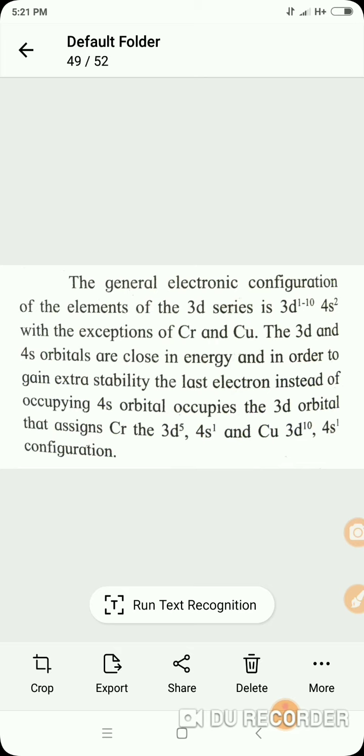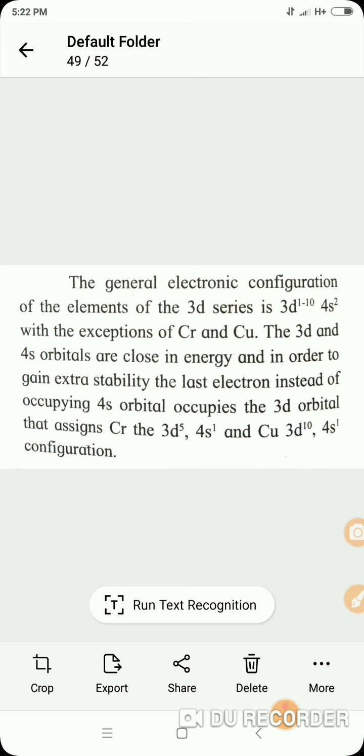the last electron, instead of occupying the 4s orbital, occupies the 3d orbital due to interelectronic repulsion. What happens? One 4s electron is transferred into the 3d orbital, giving chromium the observed electronic configuration 3d5 4s1, and copper the 3d10 4s1 configuration.